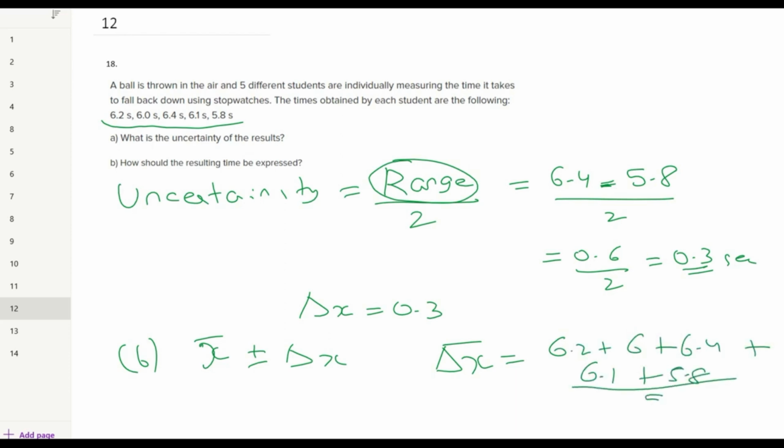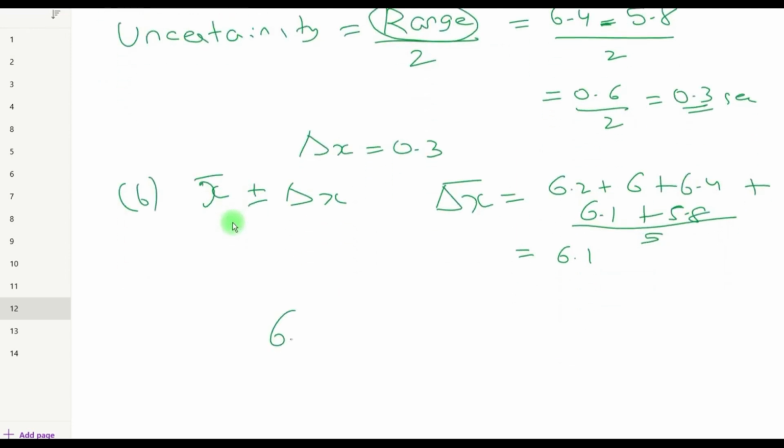Now if we divide the entire thing by 5, the average comes out to be 6.1. So the resulting time can be expressed like this: 6.1 plus minus the absolute uncertainty, which is 0.3 seconds. So this is the answer to part B.